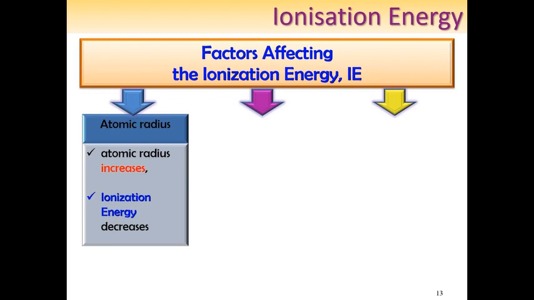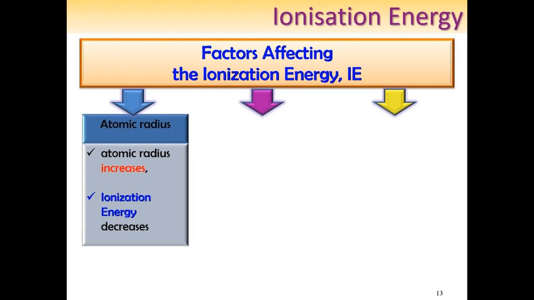The force of attraction between the nucleus and the valence electron is weaker, because the valence electron is quite far away from the nucleus. So it's easier for us to pull out the electron, and we don't need high energy to do that. So the larger the atomic radius, the lower the ionization energy.